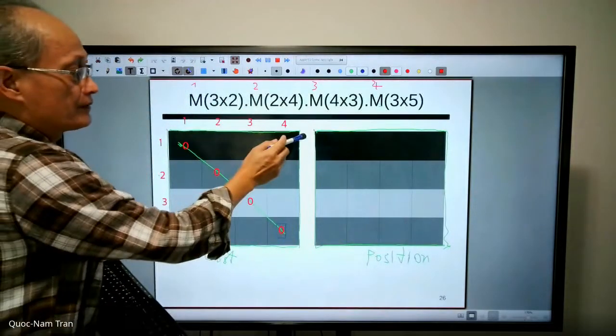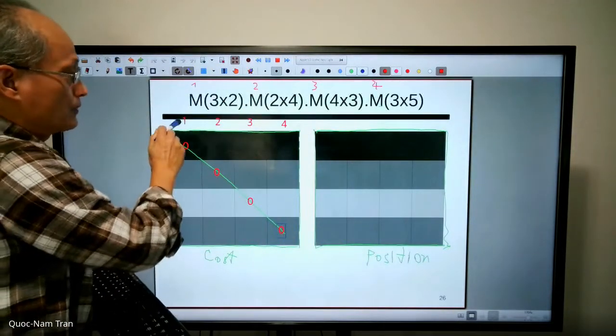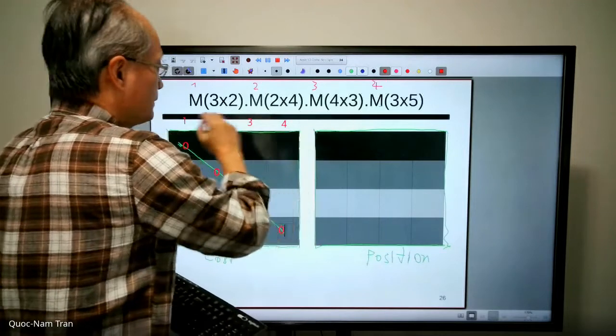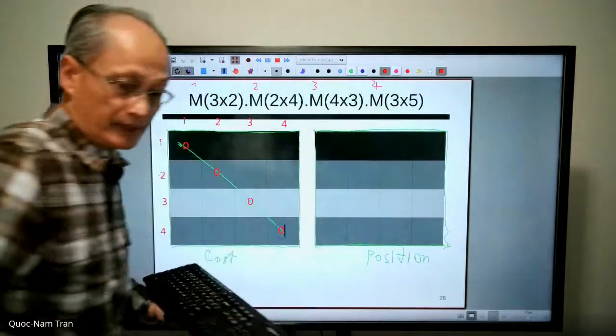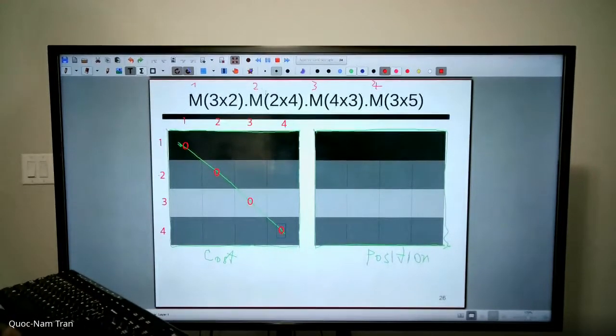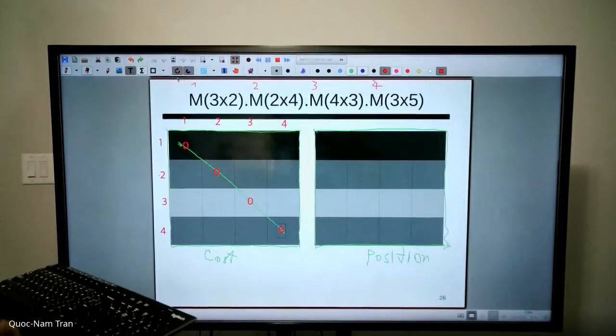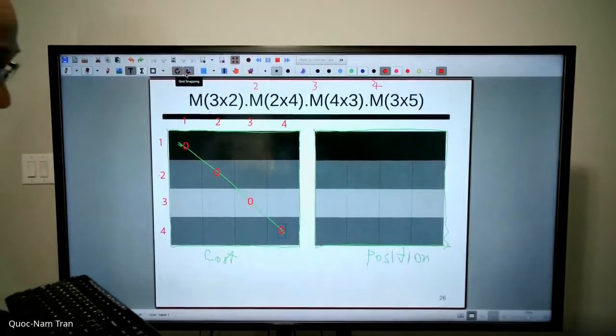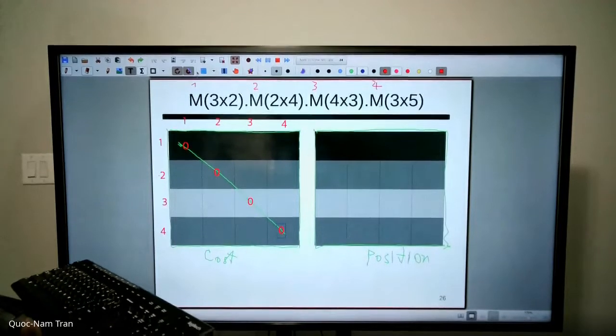Okay. So how about the position? If I have the sequence from 1 to 1, so again, here I will have 1, 2, 3, 4. Let me copy them.